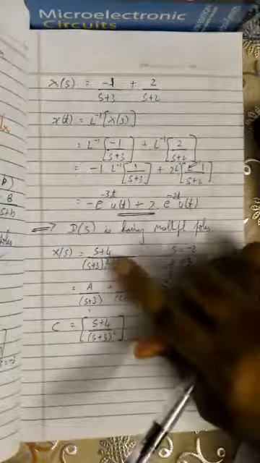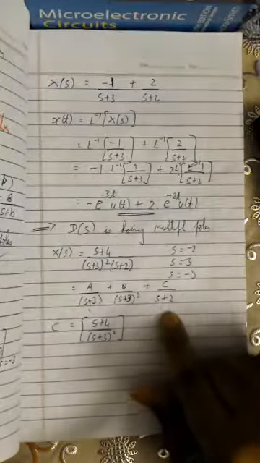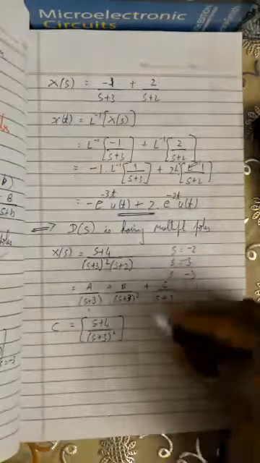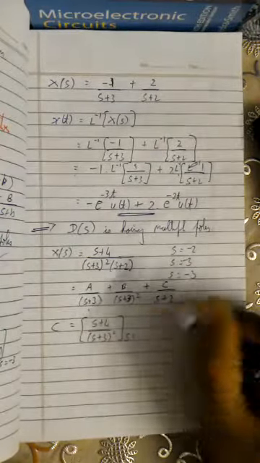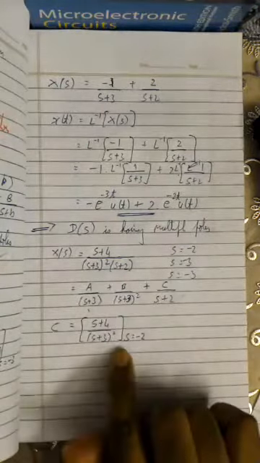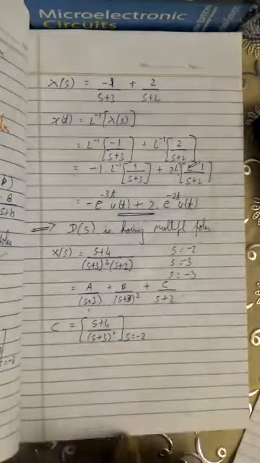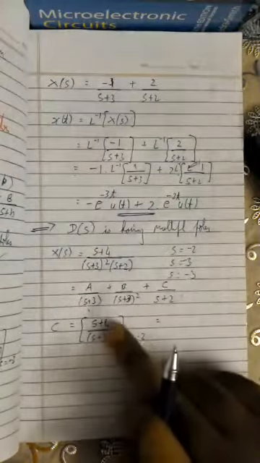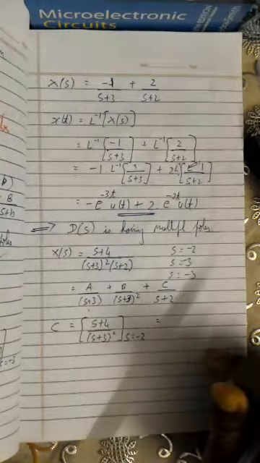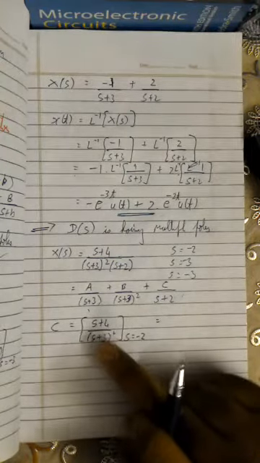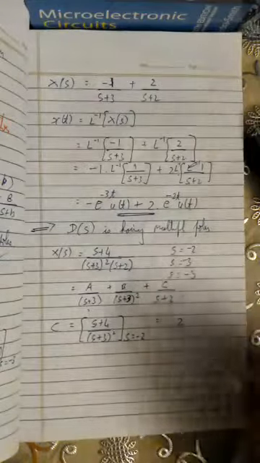Then substitute the value of s from s plus 2 equal to 0, that is s as minus 2. This is how you find C. Here it is 4 minus 2, which is 2, and 3 minus 2 is 1. 1 square is 1. So you get the answer 2.